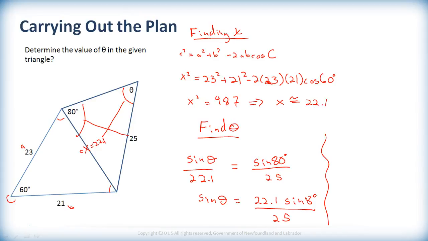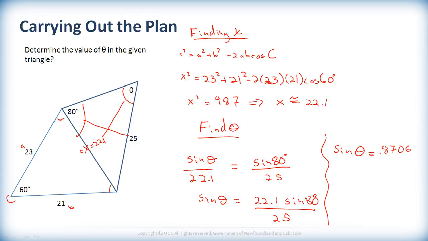So then we have sine theta equals 22.1 sine of 80, and then that's divided by 25, and that gives us 0.8706.